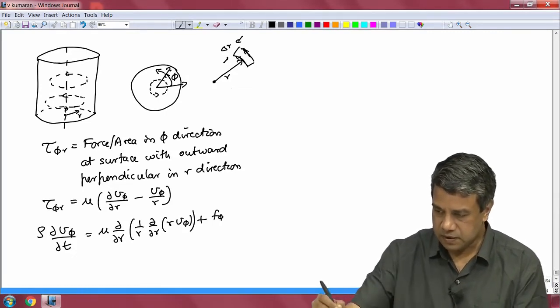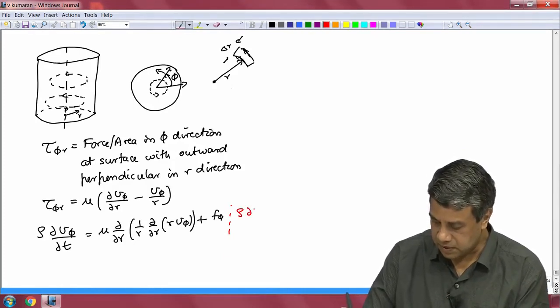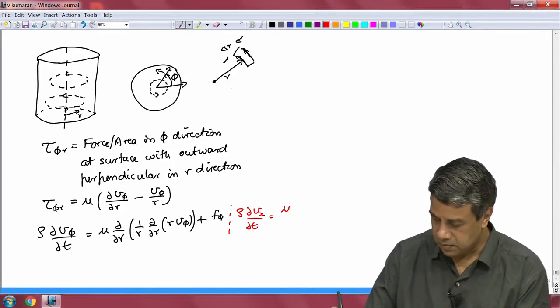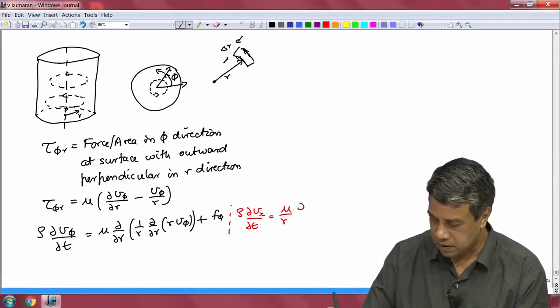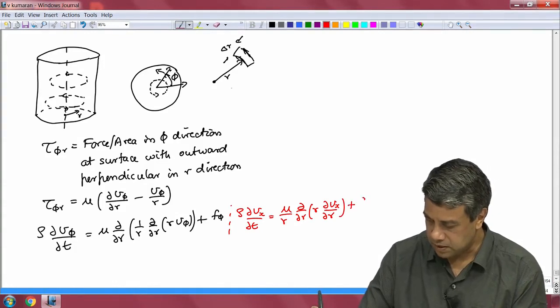Note that the form of this operator is slightly different from what we had for the axial coordinate. There we had rho times partial Vx by partial t is equal to mu by r d by dr of r dVx by dr, plus fx.